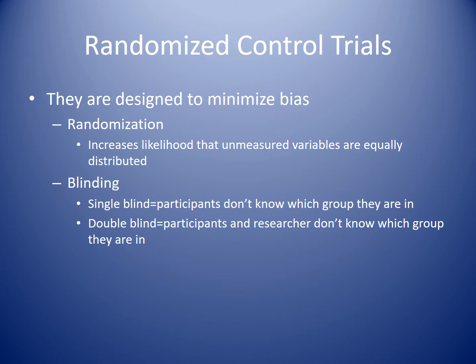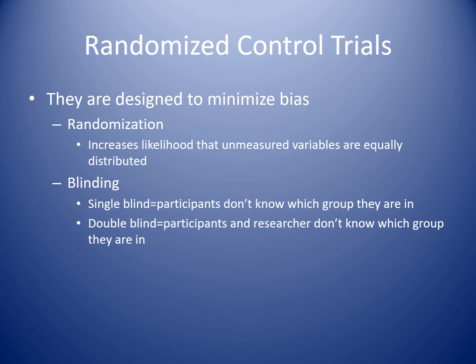Blinding, you can single or double blind. You can single blind, that's when the participant doesn't know what group they're in. They don't know if they're getting the real drug or the placebo. And it's even better to double blind because the participants and the researcher don't know which group. This is sometimes a problem.